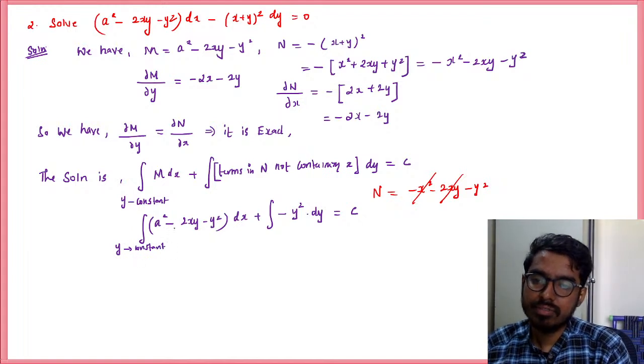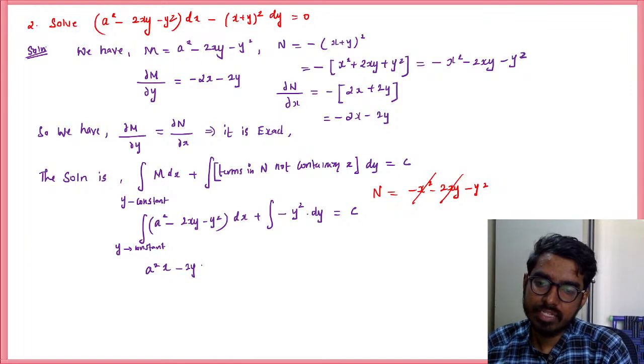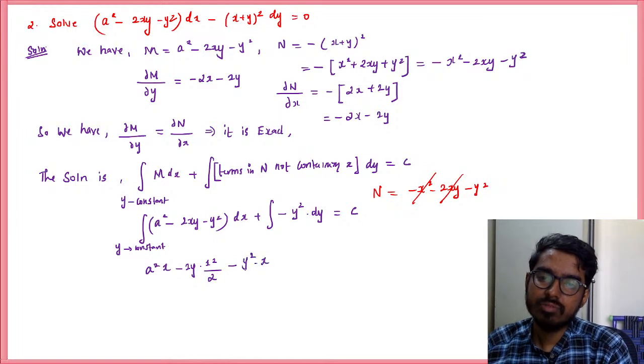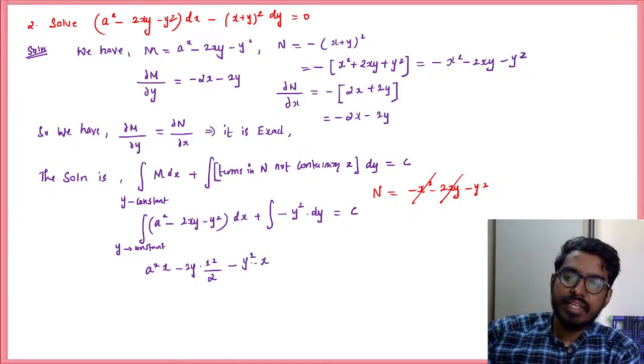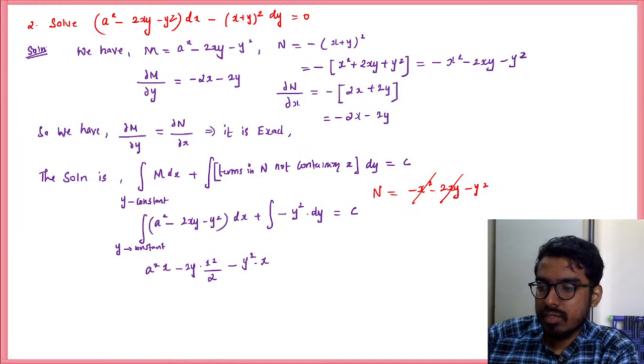So integrate this. x² will become x²·x, minus 2y is constant, so the integration of x dx is x²/2. Remember this has to be integrated treating y as constant. So y² times the integration of dx is x. Very simple.